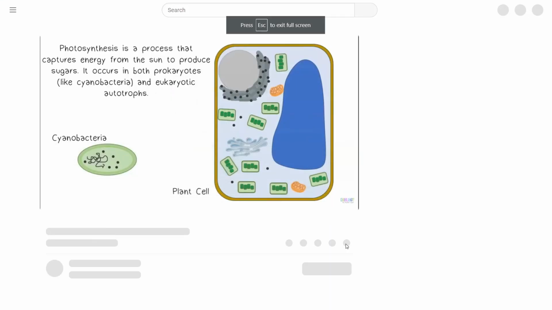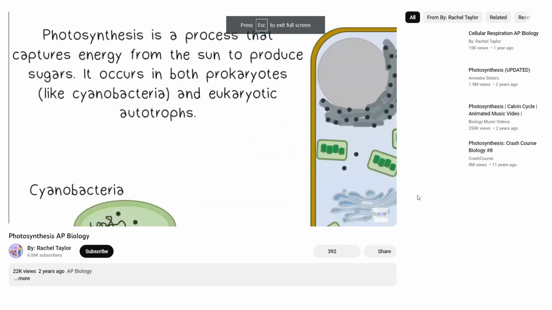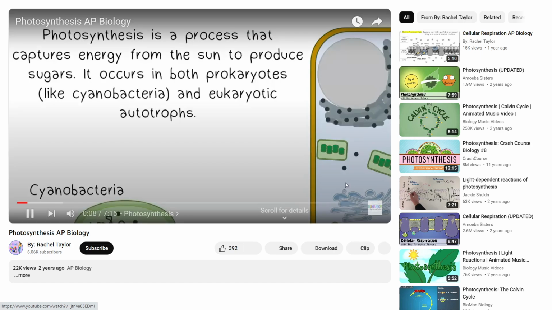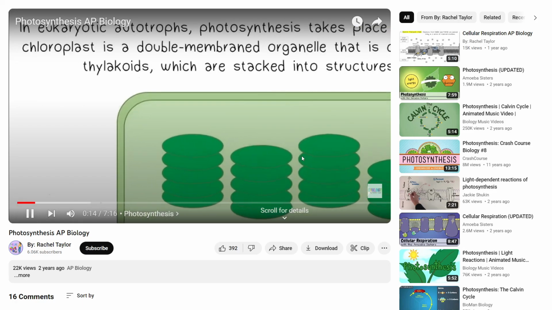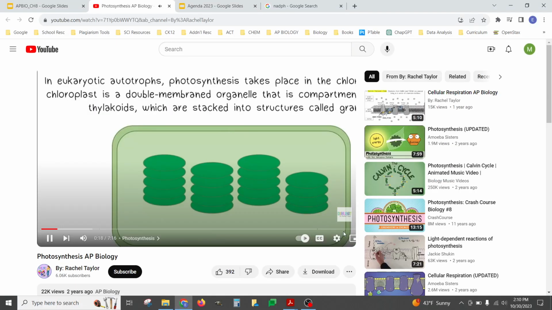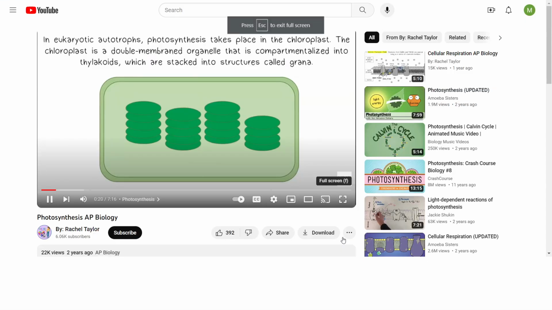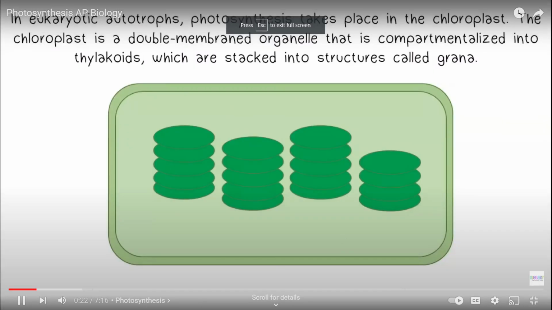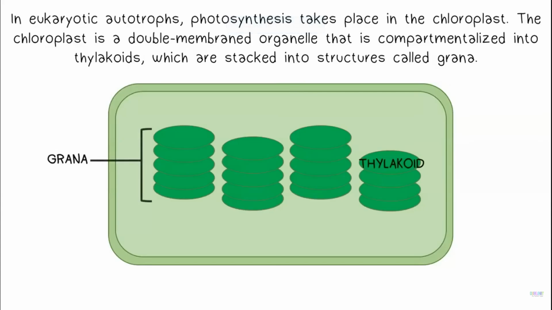Photosynthesis is a process that captures energy from the sun to produce sugars. It occurs in both prokaryotes, like cyanobacteria, and eukaryotic autotrophs. In eukaryotic autotrophs, photosynthesis takes place in the chloroplast. The chloroplast is a double-membrane organelle that is compartmentalized into thylakoids, which are stacked in structures called grana.